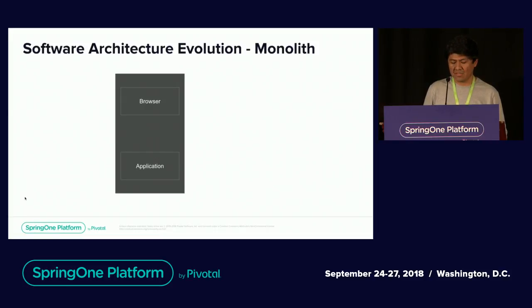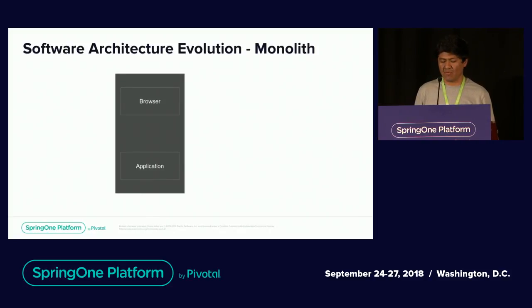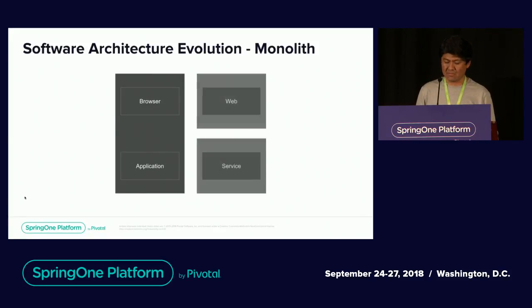And the validation for the web application that we are exposing is in one place. The only thing that we need to do is render this HTML in the browser. And then time goes by, and we split it into a service and a web, but this is still a monolith.